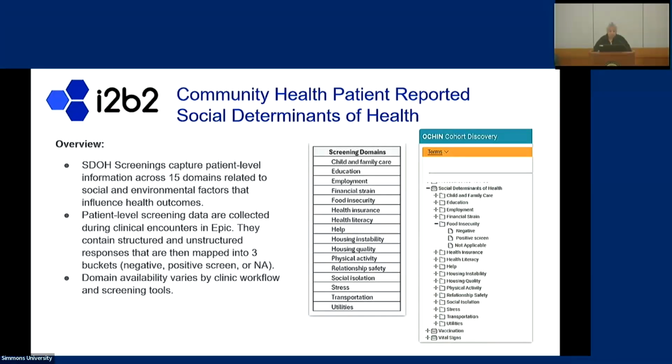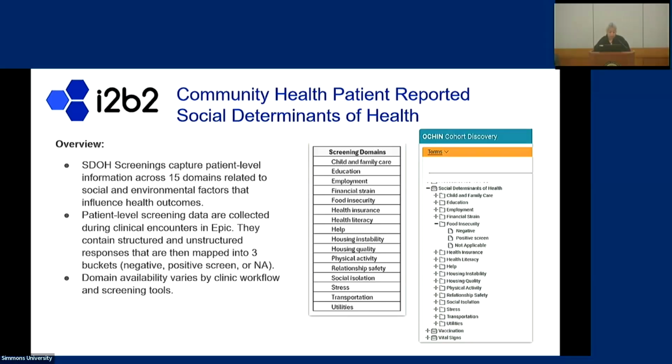The SDOH ontology that they built speaks directly to the use case pointed out yesterday by Dr. Burrell, is that her name? So they use it to do screenings and capture patient-level information, which is different from Mark's example.